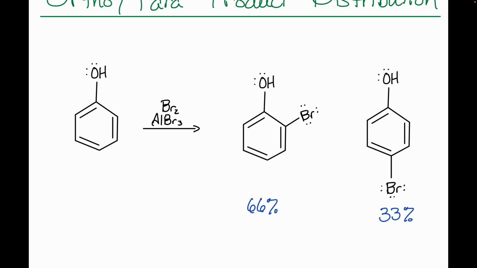All right, so we get about 2/3, twice as much of the ortho product as we get of our para product. All right, why might that be?